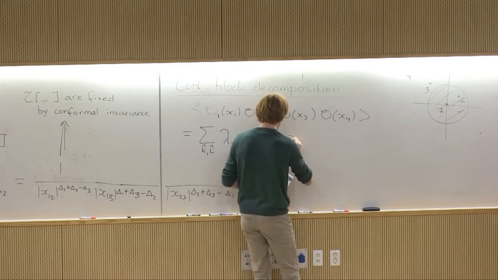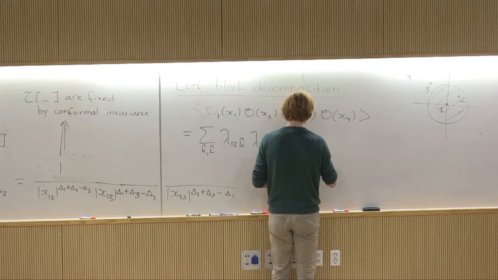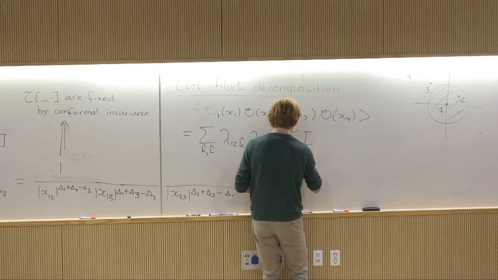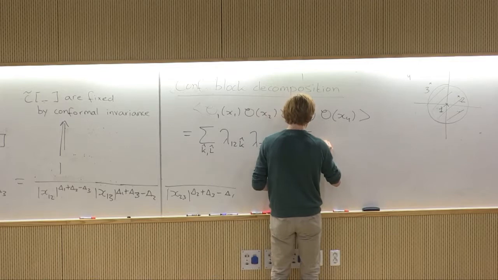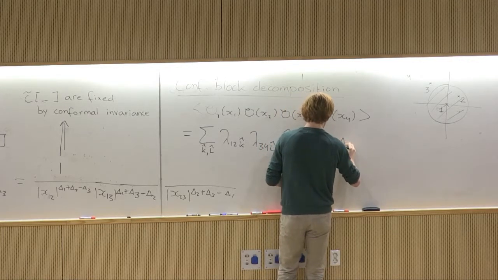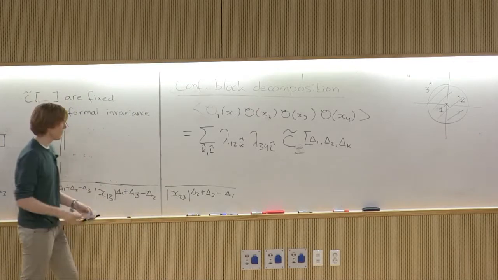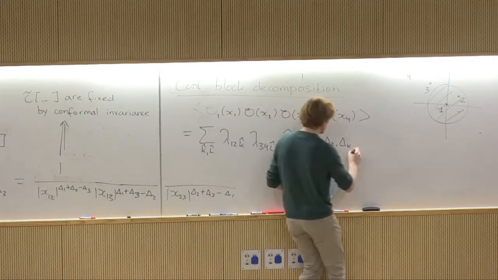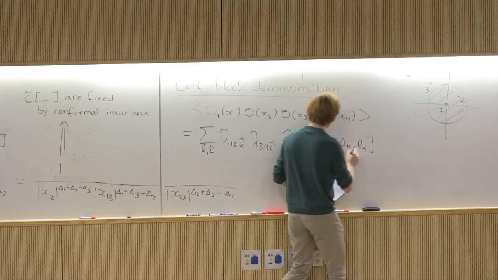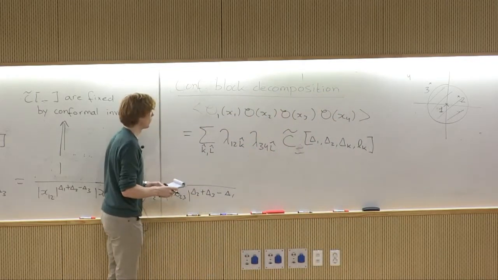Then we have these complicated differential operators, which depend on the deltas. There's one that depends on delta 1, delta 2, delta k. In fact, the operator that appears can also have spin, so it also depends on lk. But let me assume that these 2 are scalars.